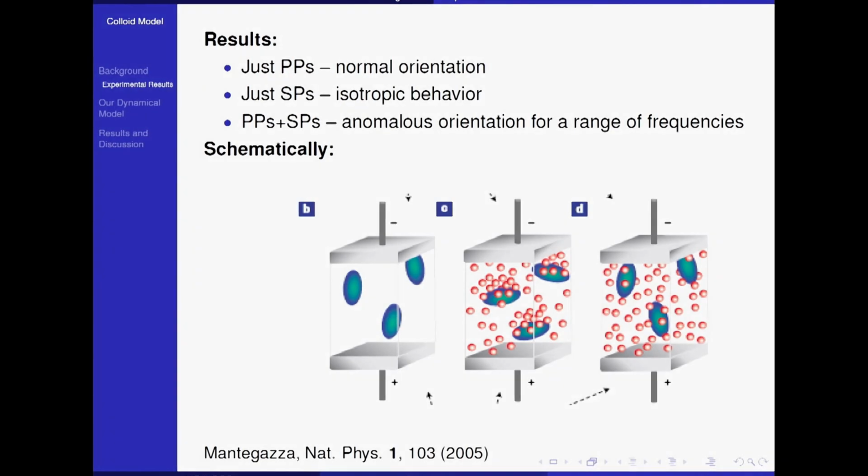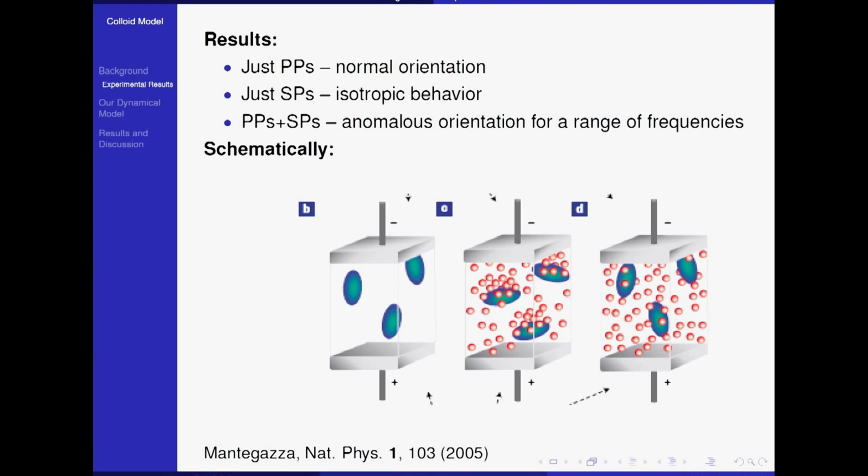As the field changes polarity from positive to negative, the rods would rotate around. That is what we call normal orientation, meaning that these particles line up with the electric field. If instead you just had the tiny round ones, since they don't have this preferred orientation, they just go all over the place. So that is what is called isotropic behavior.